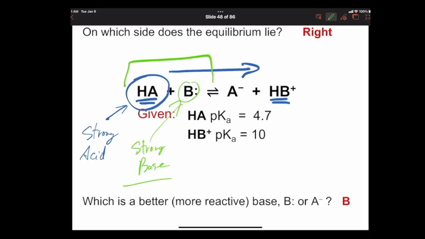It's not just because HA is the stronger acid. HA in the presence of B produces that sort of geometry. So as long as we can identify the strong acid, we know in some comparative acid-base equilibria, that side of the equilibrium will contain the strong base as well. It moves away from those two species. Okay?